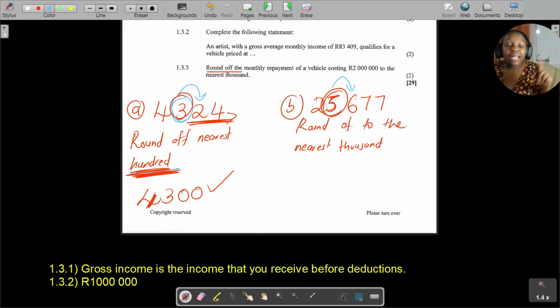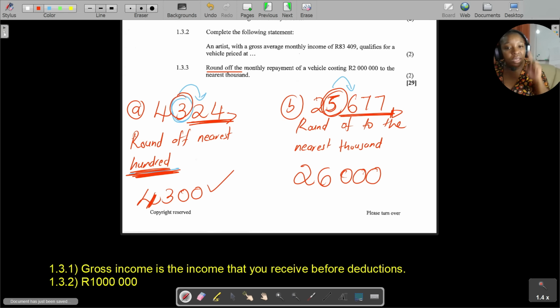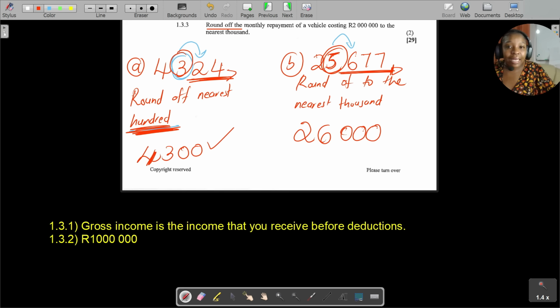Because the number that comes before the 5 is a number that is greater than 5, it means that I need to make that 5 a 6. It will be 26, and all the other numbers that follow the 5 just become a 0, 0, 0. This is how we round off to the nearest hundreds, thousands, tens of thousands, 100,000. Okay, if you have that at the back of your head, you can answer any question.